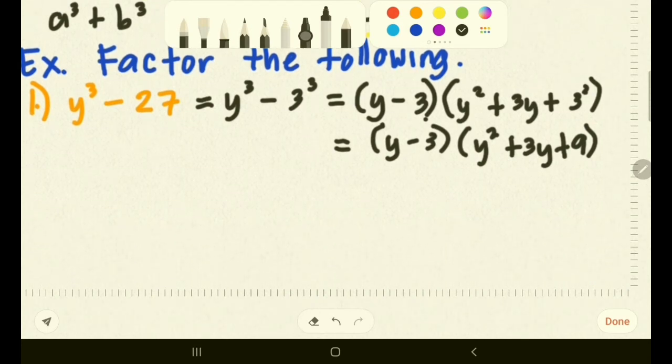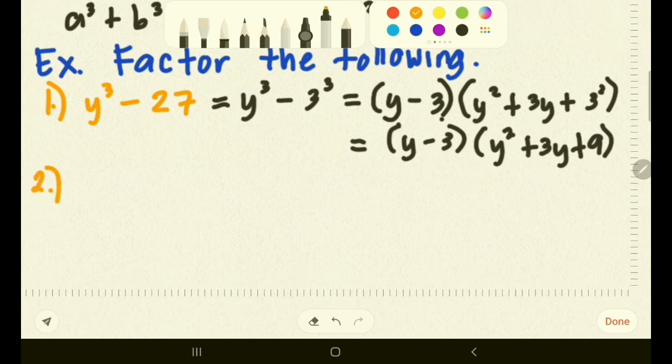I'll give you another example. 8x cubed minus 64. Okay. So the first step, you express each term to the power of 3.